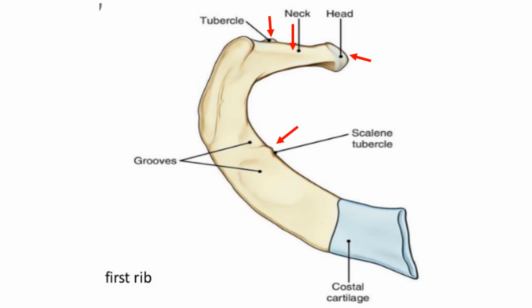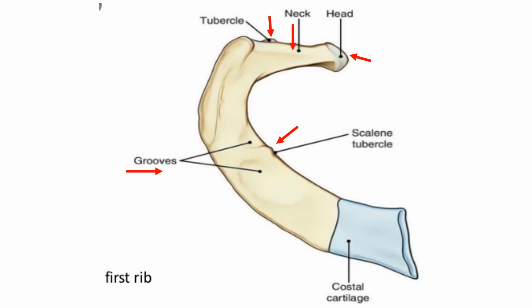And then as we come to the shaft or the body, it has a superior surface and an inferior surface, a medial border and a lateral border, and there is a little elevation for attachment of a muscle called scalenus medius.